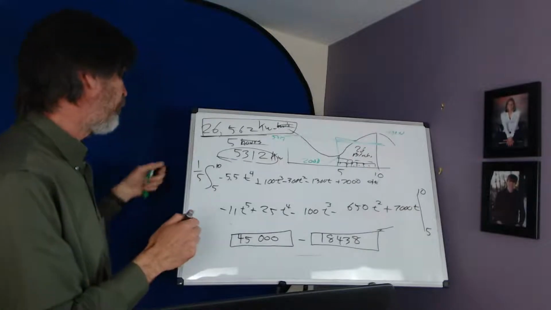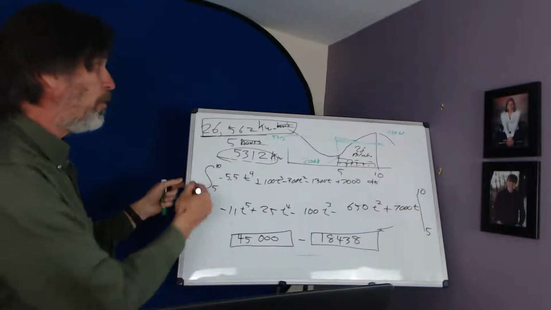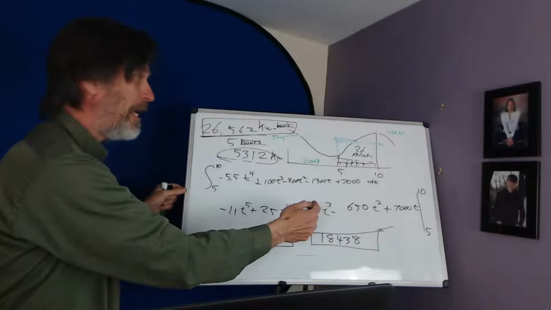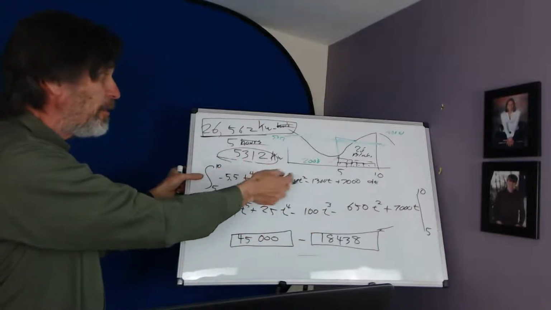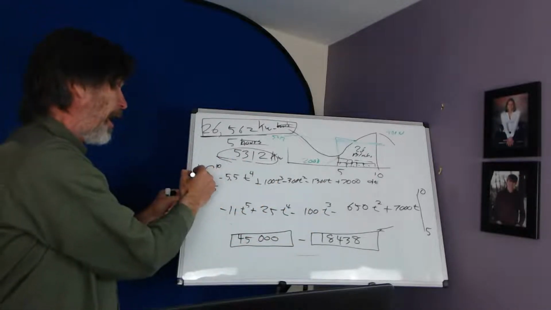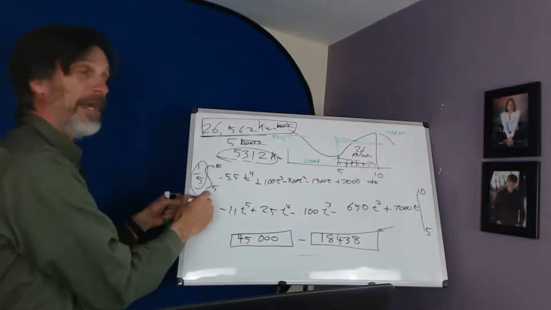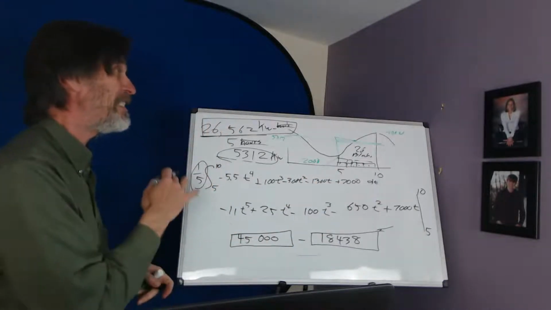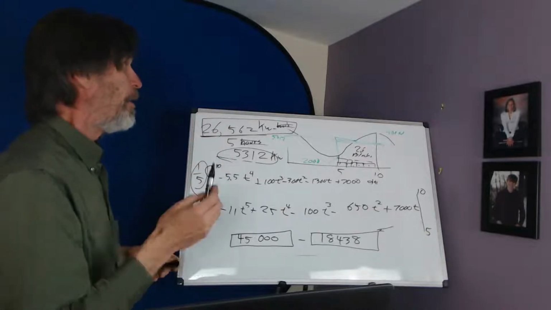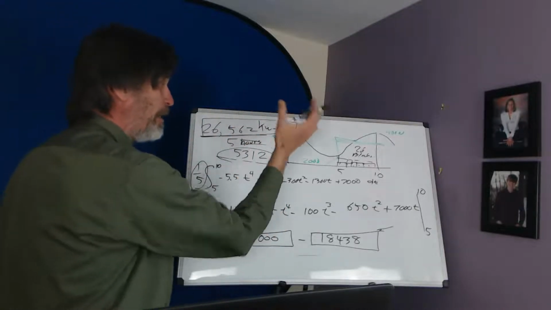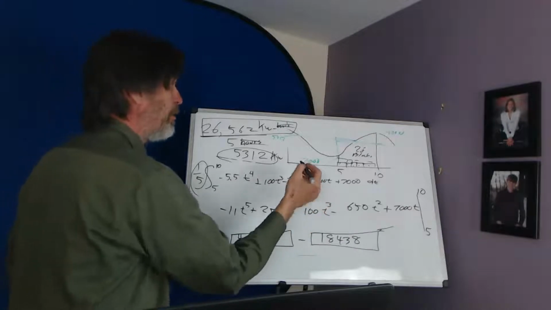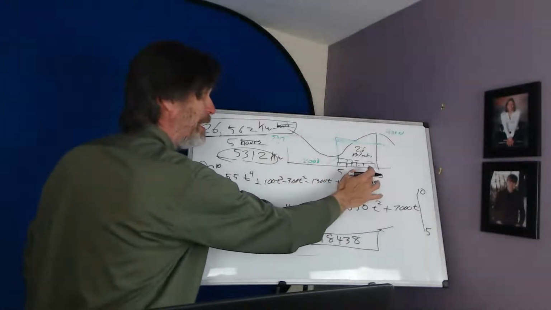So how do I go from the total energy used to the average power? There's the total energy used. I divide it by 5 for the 5-hour period, or I multiply by the fraction 1/5. That's the average usage. The total is going to be, whenever I do a definite integral, the units are going to be these times these.